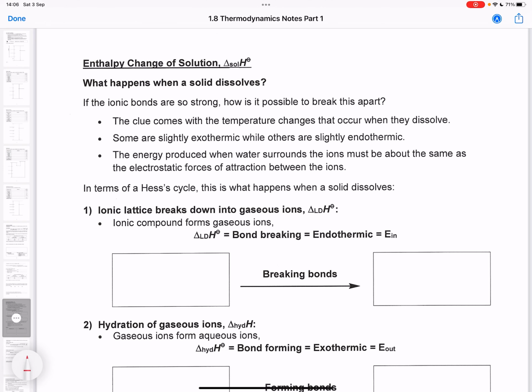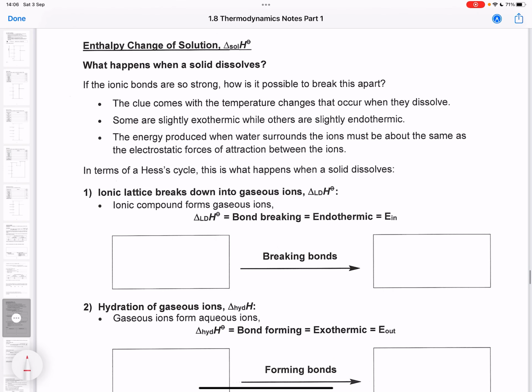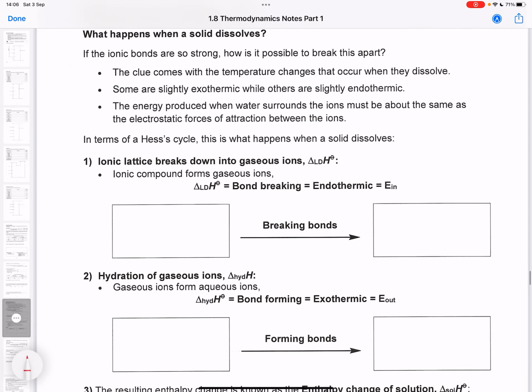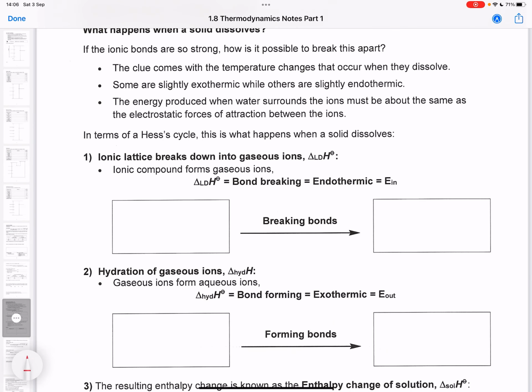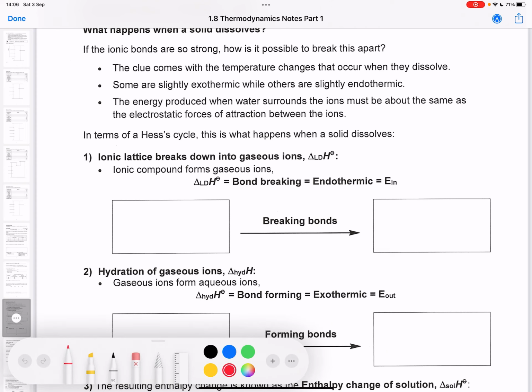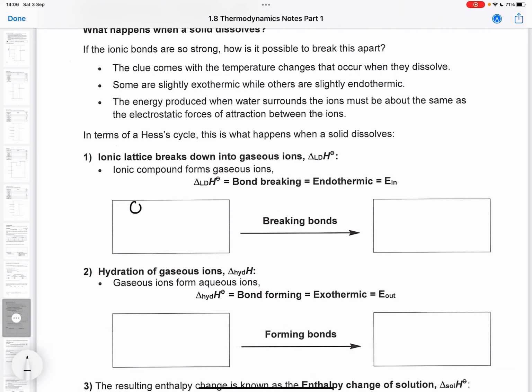So what is happening when an ionic solid dissolves? So let's just have a look. The first thing we need to do when we've got to dissolve an ionic solid is we've got to break apart the ionic lattice. So we had this very strong lattice. Remember, we had a lattice of oppositely charged ions with strong electrostatic forces of attraction between them.